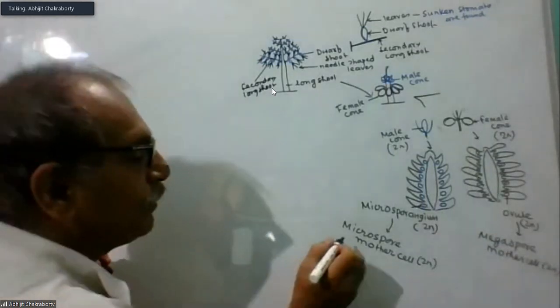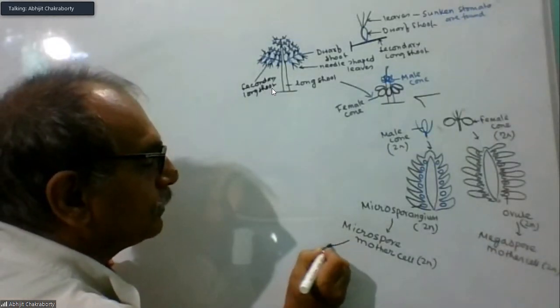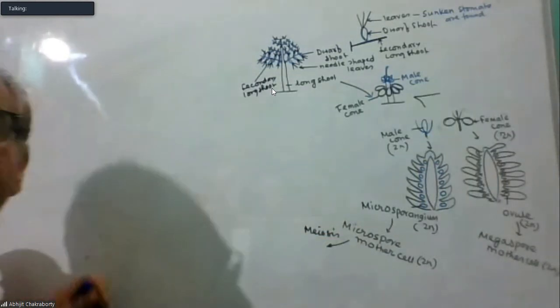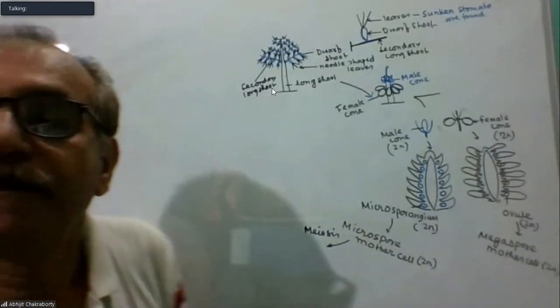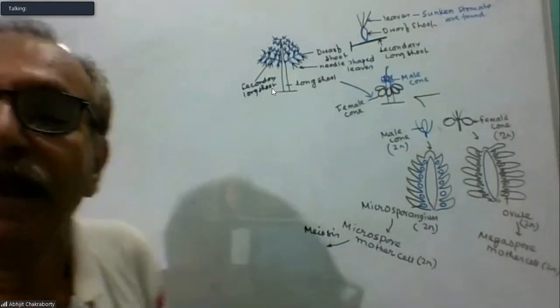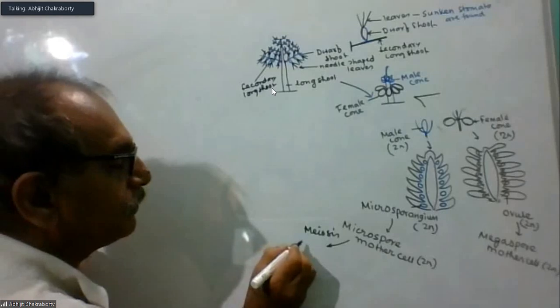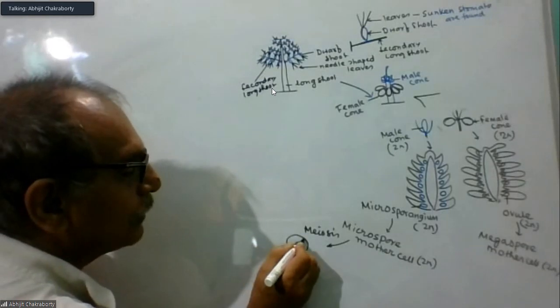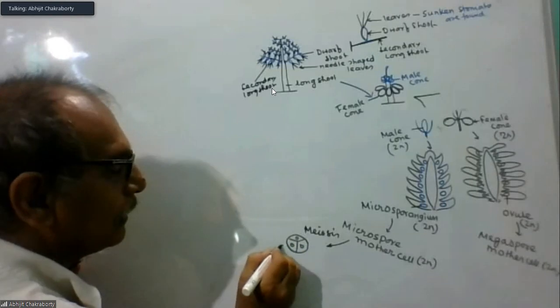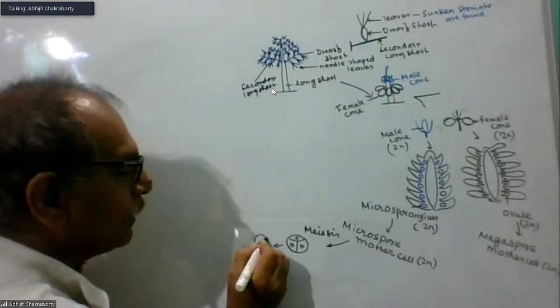After that, microspore mother cell undergoes meiosis to form initially spore tetrad, and later on the spores are separated out.